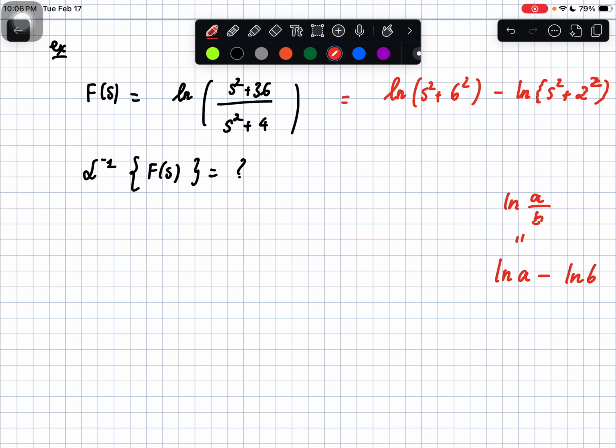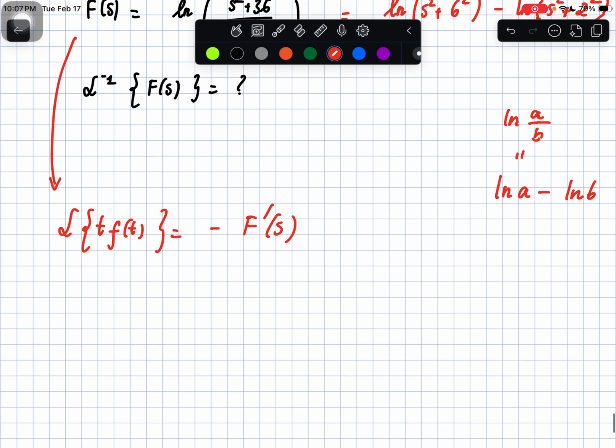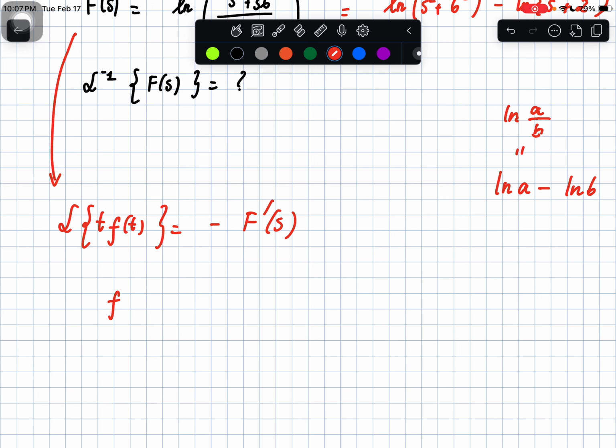So we will use a derivative. We have the Laplace transform of t f(t) is minus F prime(s). Here small f(t) is the inverse transform of big F(s).